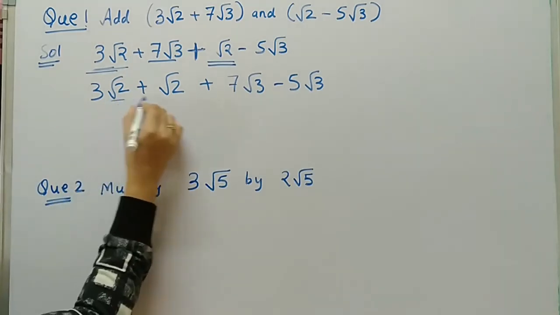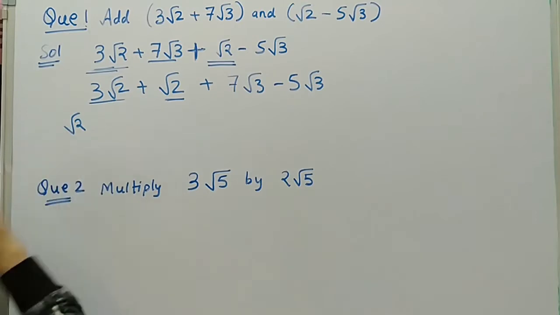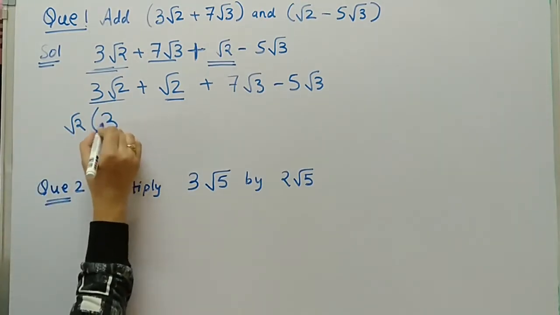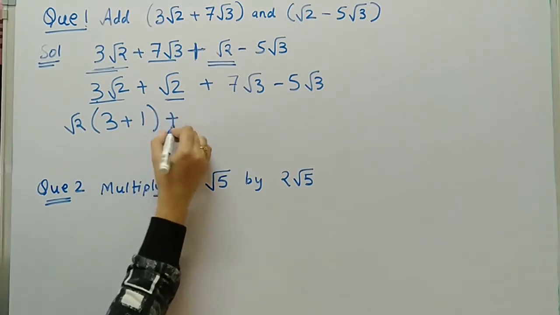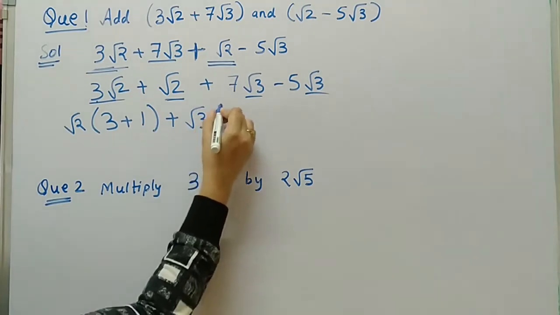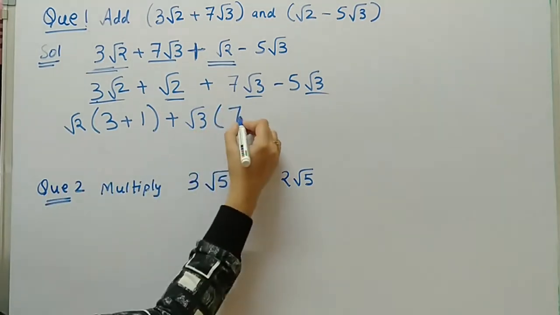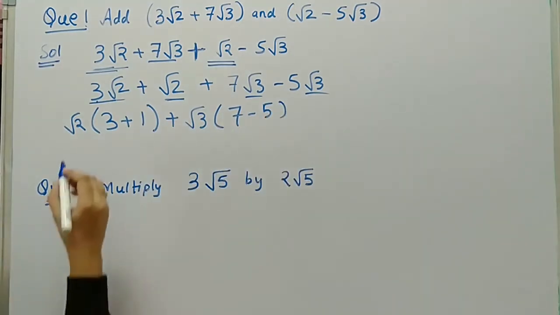So now from these two terms we will take root 2 common. So we will be left with 3 plus 1. And similarly from these two terms we will take root 3 common. So we are left with 7 minus 5.